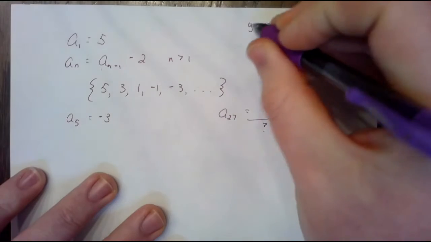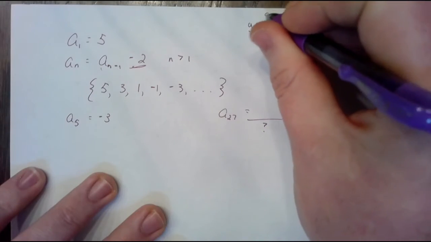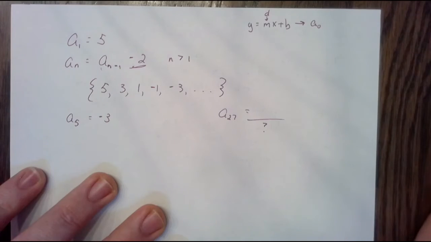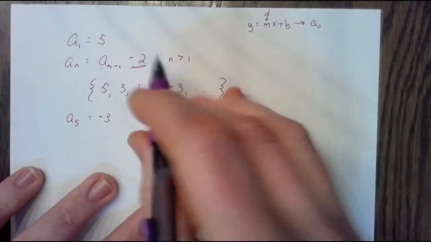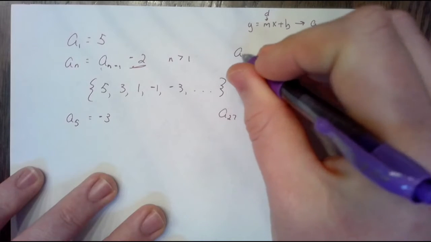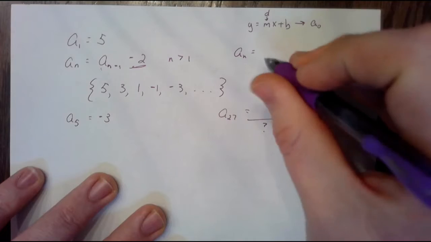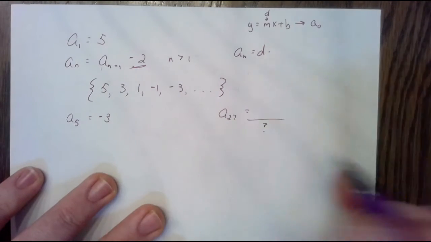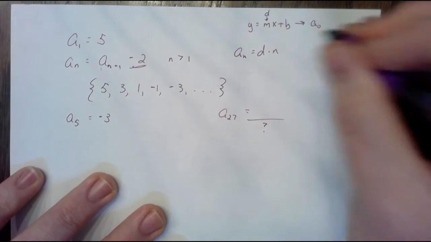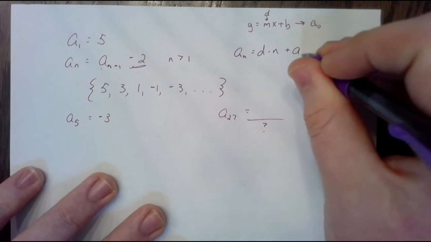So here, I'm going to rewrite this formula explicitly as A sub n equals D, which is my constant difference between consecutive terms, times n plus A sub 0. Okay? It's always going to be A sub n equals D times n plus A sub 0.